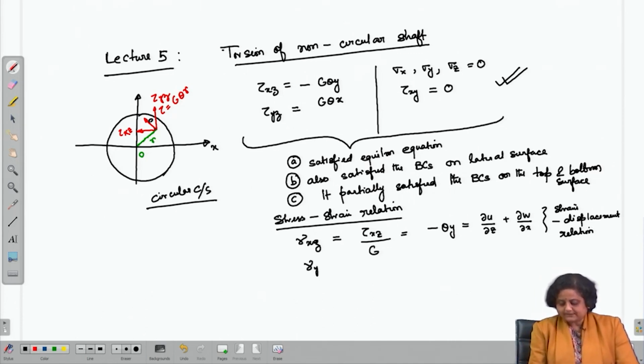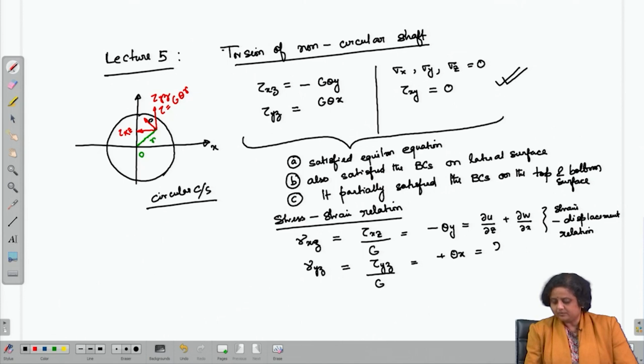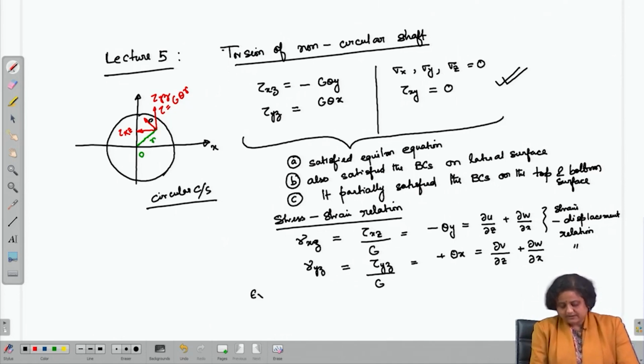Similarly, gamma yz can be written as tau yz by G, which is going to be plus theta x, and that is going to be del v by del z plus del w by del y, again from the strain displacement relation. The other expression that we have is epsilon x, which is the normal strain in x direction, which is equal to 0, which tells that del u by del x is equal to 0.